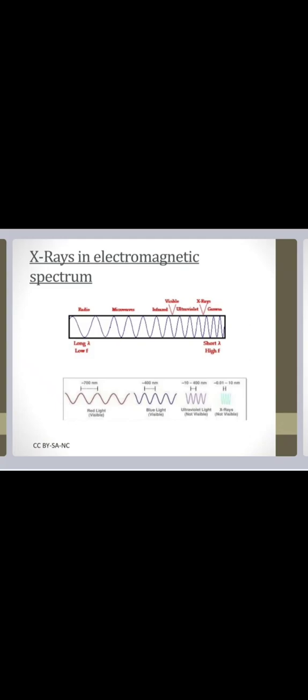As I told you before, these X-rays are not in the visible region. Infrared to ultraviolet is known as the visible region, and X-rays are placed between the ultraviolet and gamma rays.